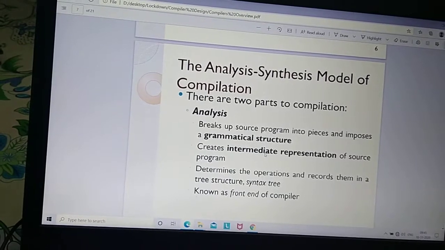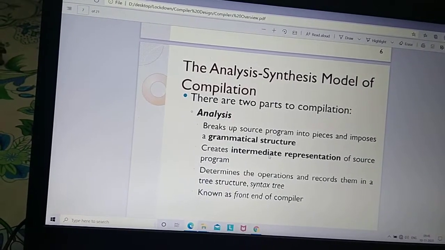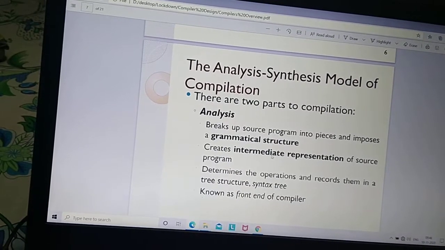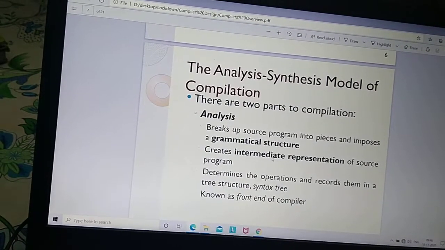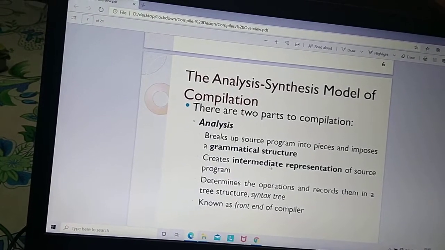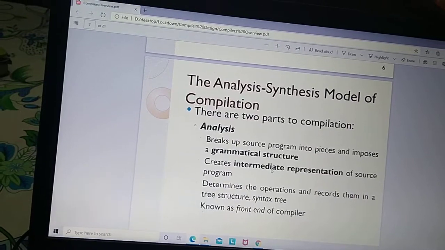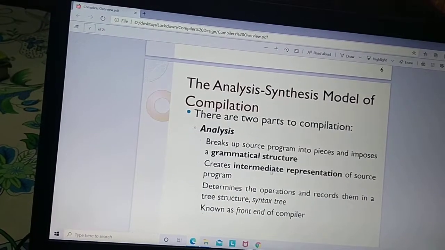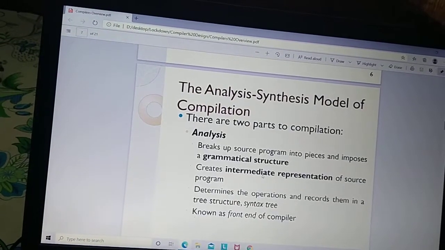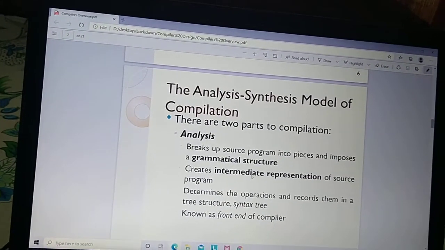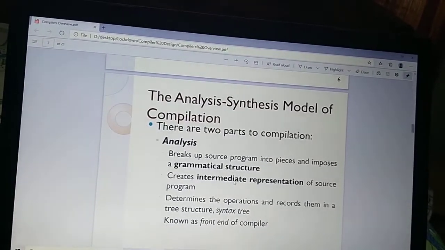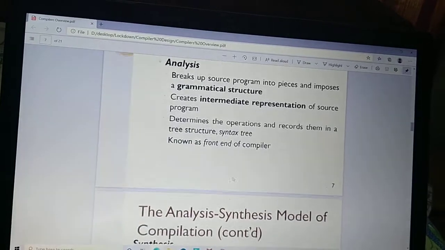In this phase, the compiler creates the intermediate representation of the source program. It determines the operations and records them in a tree structure known as the syntax tree. The analysis phase is also known as the front end of the compiler.